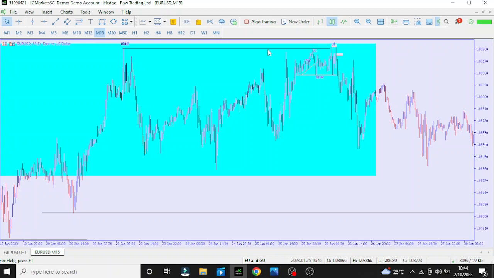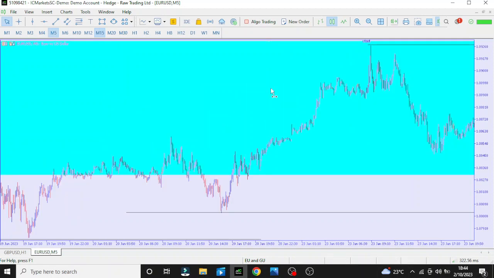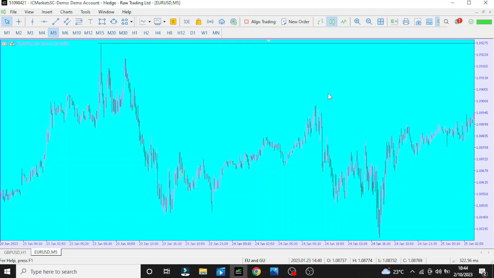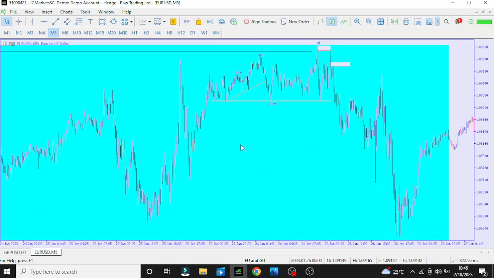You see, this is my U-turn, and the price went on to sweep this U-turn for potential liquidity above this high. And let's get to the lower time frame. You see, the trade was derived from the high time frame, and it's an hourly distribution all the way to this sweep of my high time frame U-turn.